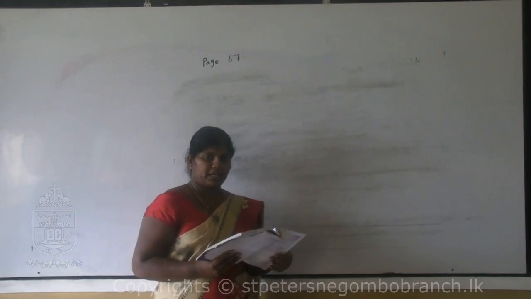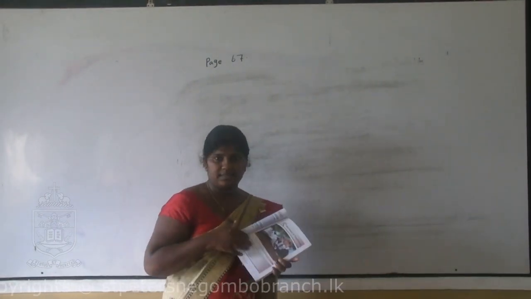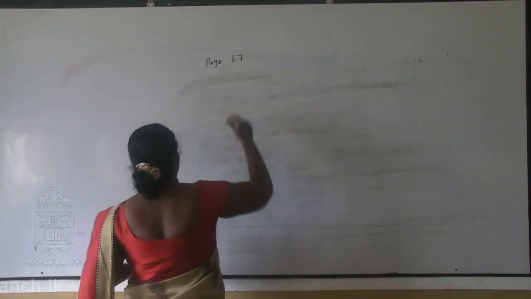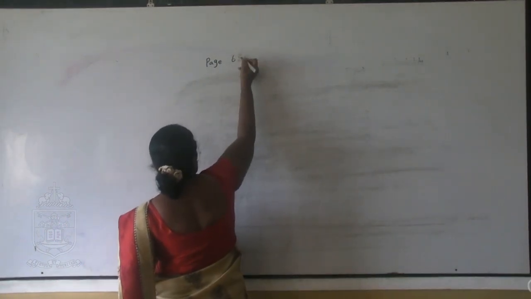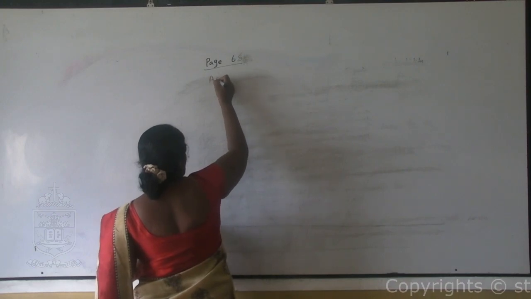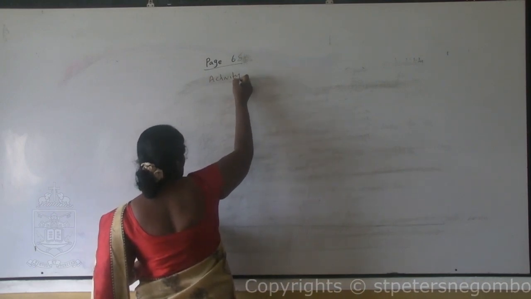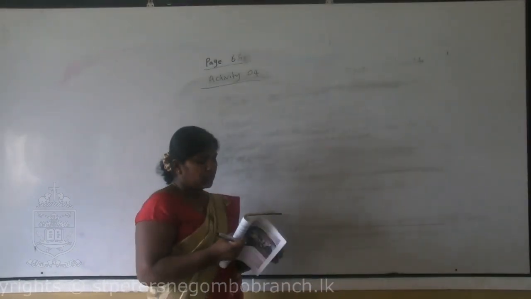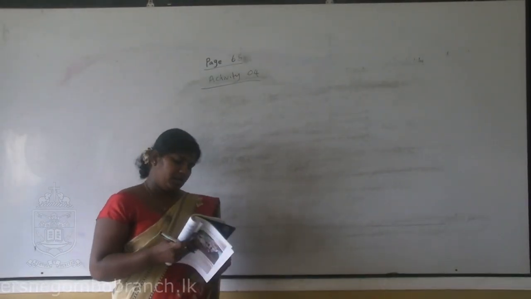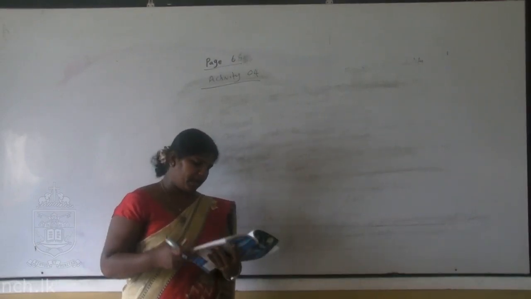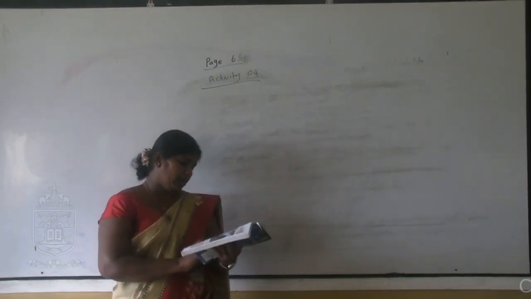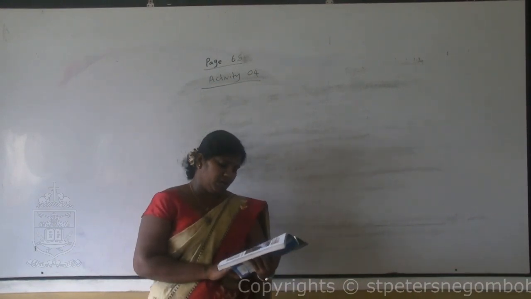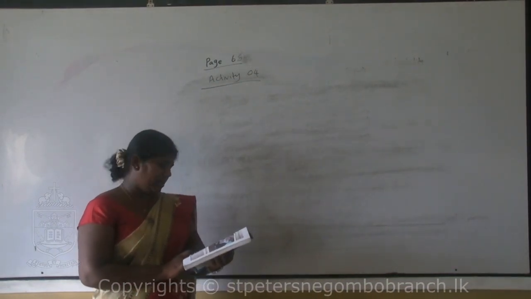Next one children, activity 4, page number 68. So according to this question, it is also a little bit different than other questions. Here the following table shows the impacts of transaction to accounting equation of a business.